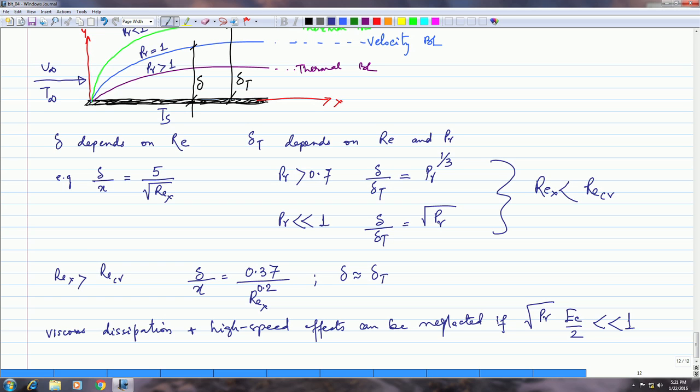Then we should be able to disregard the effects of dissipation and high speed.